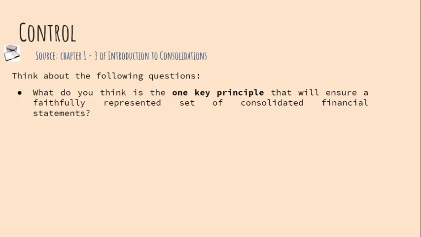Now that we know the importance of the concept of control and the fact that you have to prepare consolidated financial statements when there is control of one company over another, let's think about this question. What do you think is the one key principle that will ensure that we faithfully represent a set of consolidated financial statements? It draws back on the concept of faithful representation from the framework.